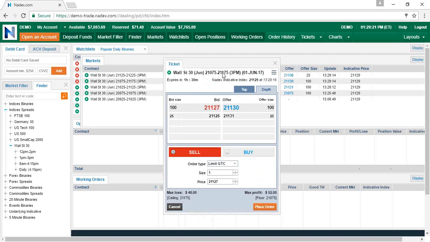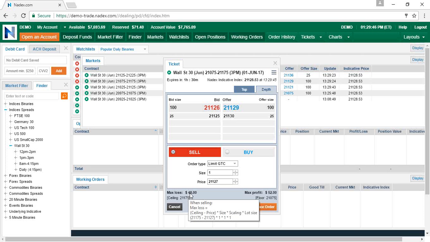Where is the ceiling? Where's the top? 175. Where can you sell this particular spread? 126. What's the difference of 175 and 126? $48. Okay, so is that kind of a few little aha light bulbs, like, oh, I see, that's how those numbers are figured.